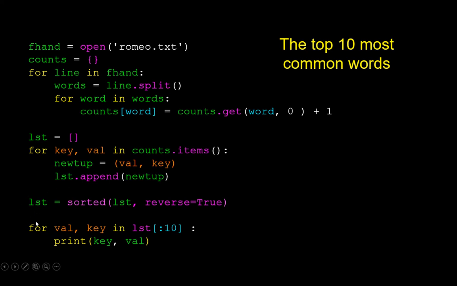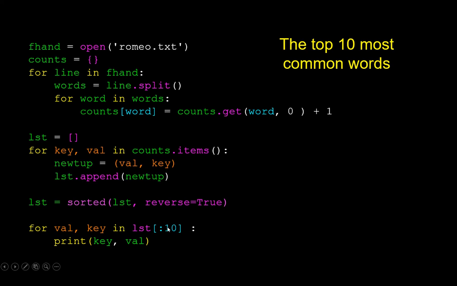Now, this part is easy. For value and key in the lst, and we have a square bracket, colon 10, which means the first 10 members of the lst, which is 0 till 9, not including 10, which is the first 10 because we are counting from 0.